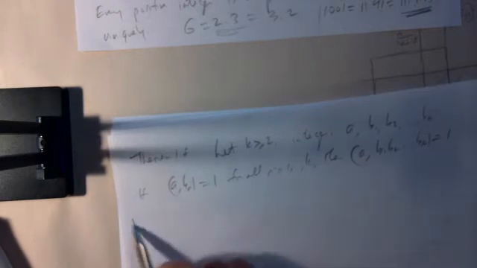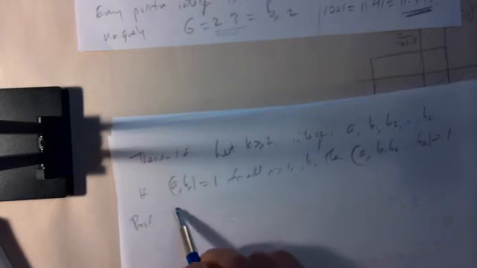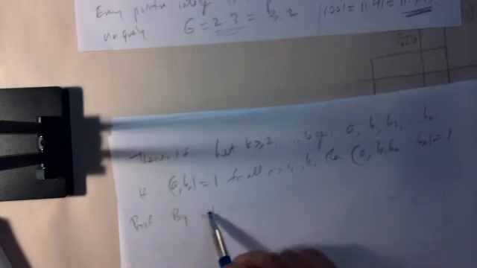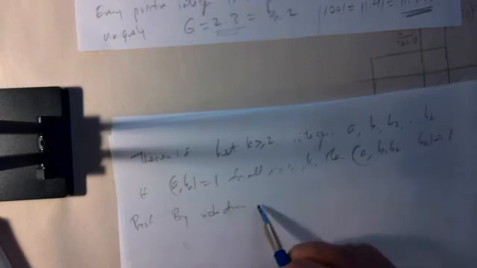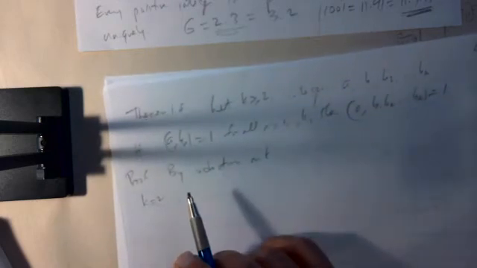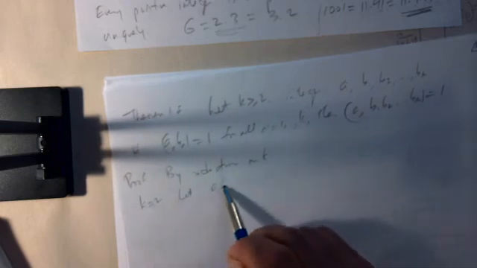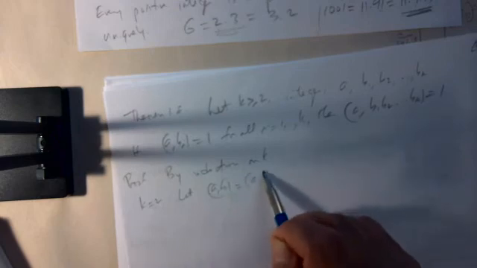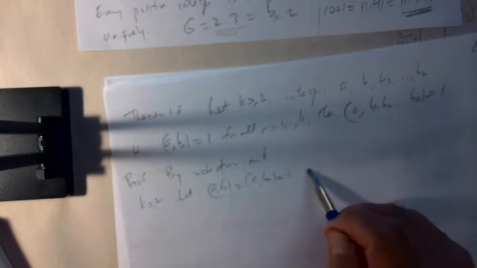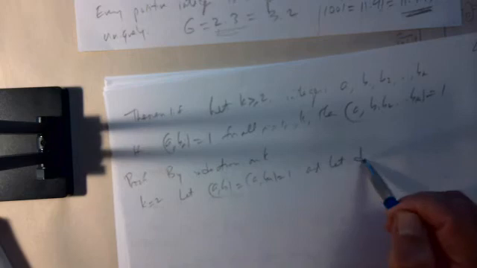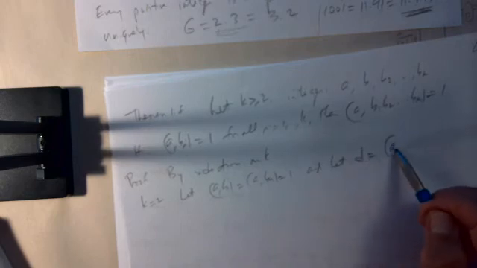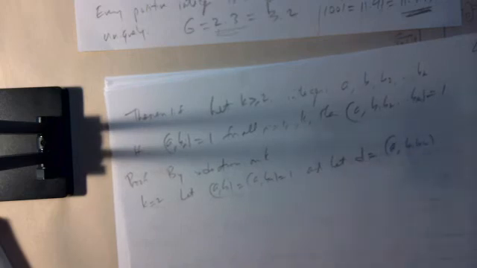So the proof is by induction on K. And we'll start with the case K equal 2. Suppose that A and B1 and A and B2 are relatively prime. And suppose we let D be the greatest common divisor of A and B1 B2.